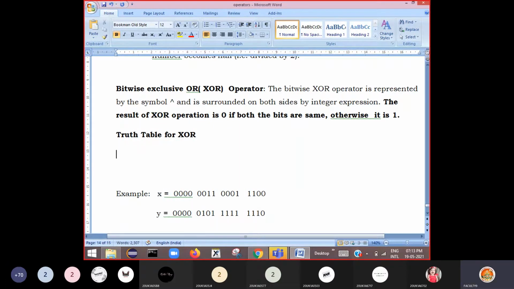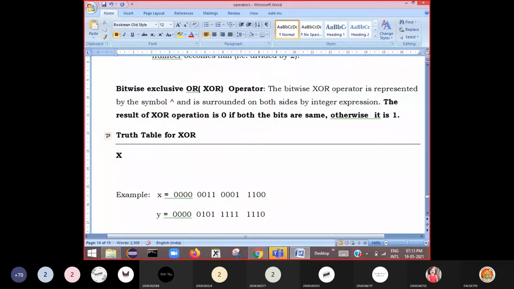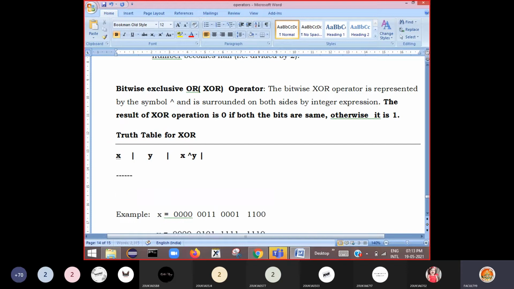So just see, we have one input X, then another input Y. I have two variables X and Y, and if you perform X exclusive OR Y, then what is the result we'll get? We'll see here.